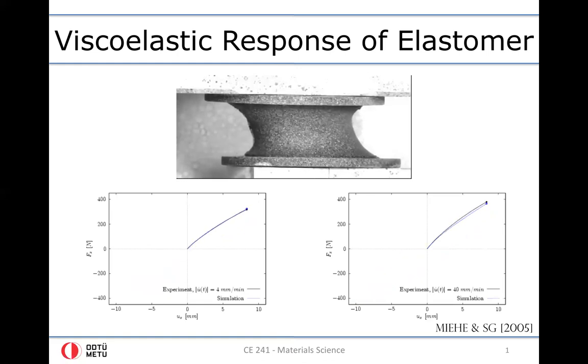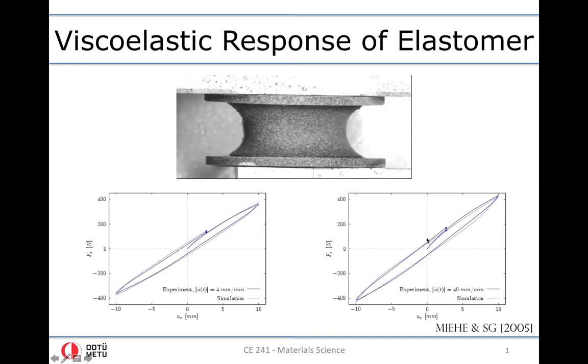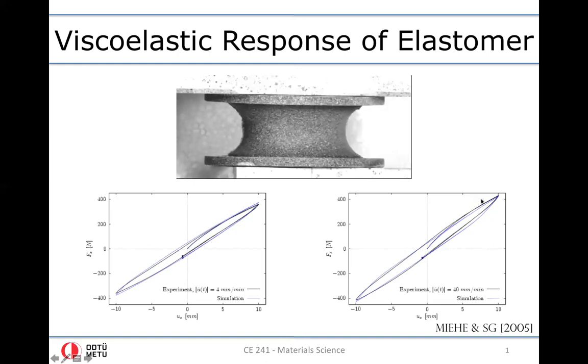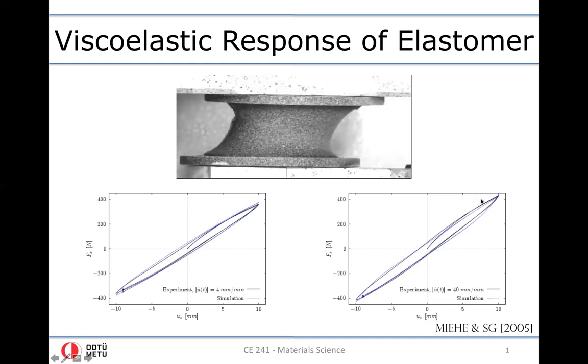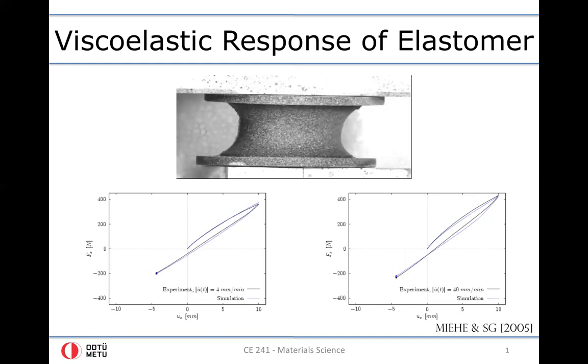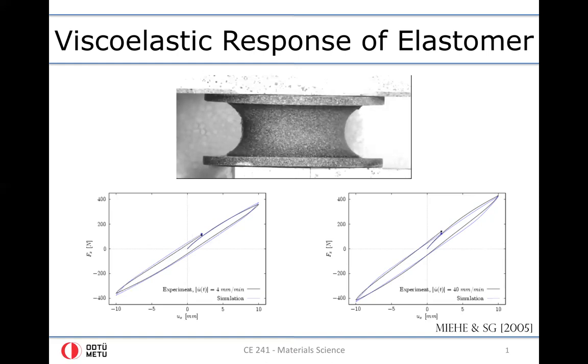Another interesting observation is that as we increase the loading rate from 4 millimeters per minute to 40 millimeters per minute, the area of the hysteresis, which is an indication of the dissipation, increases as well. But this is not a general tendency of materials, that they dissipate more as you deform them faster.